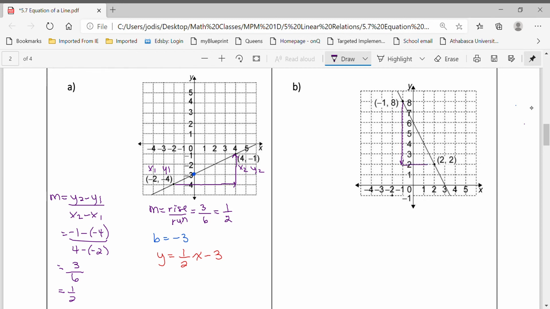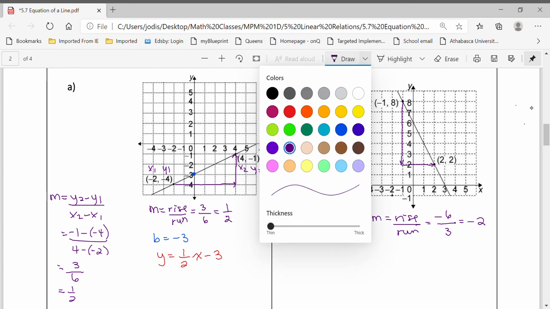I'm going to draw my rise and my run. So rise over run. Well, my rise was pointing down. 1, 2, 3, 4, 5, 6. So we went down 6, and then we went 1, 2, 3 to the right. So -6 over 3 is -2. So that's my slope.